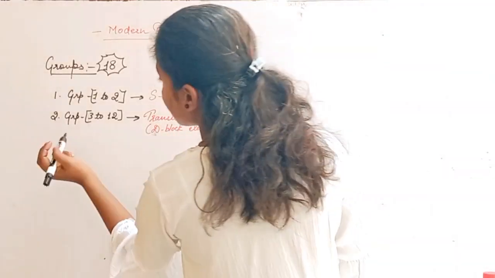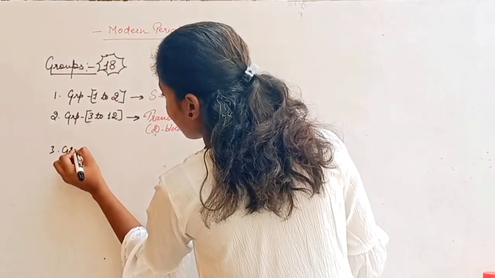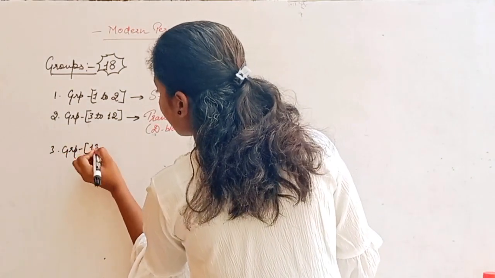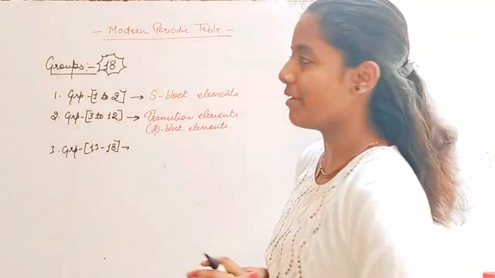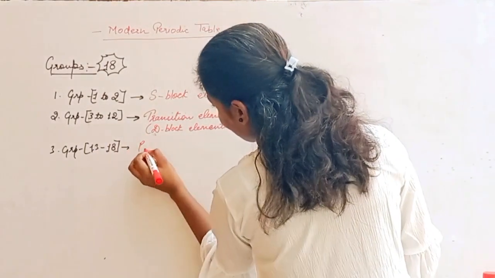The third, starting from the 13th group to the 18th group, are well known as P block elements.